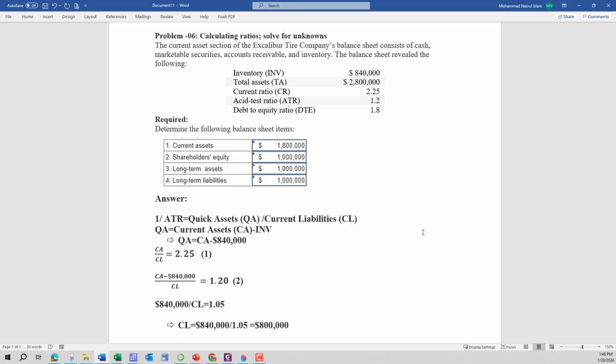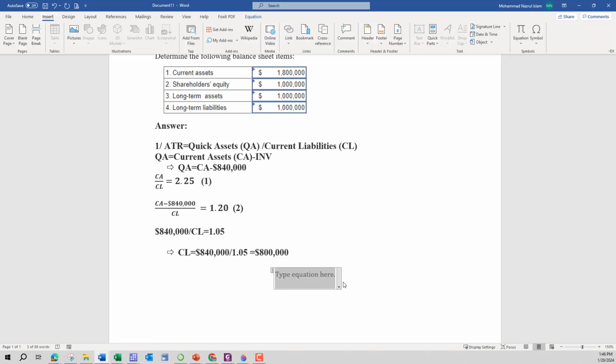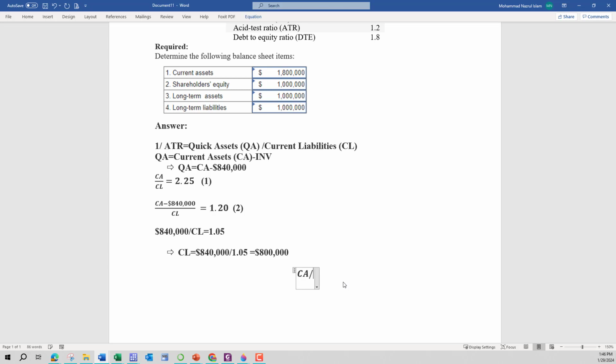Now, current assets divided by current liabilities is equal to 2.25. We know the current liabilities, 800, so current assets over 800 is equal to 2.25.